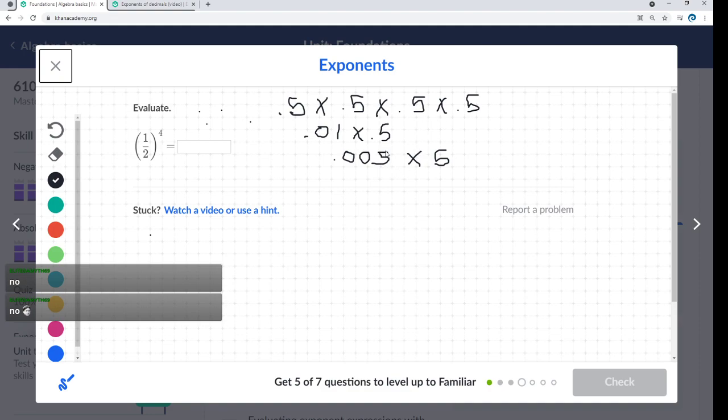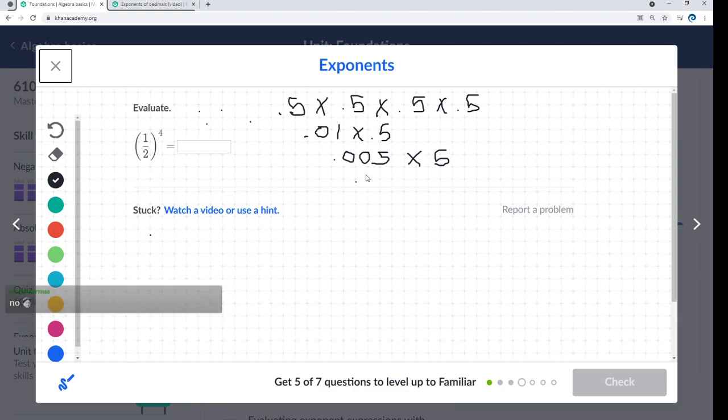So 5 times 5 is 10. And then this is 1, 2, 3, 4 places. So it's 1, 2, 3, 4. Right?